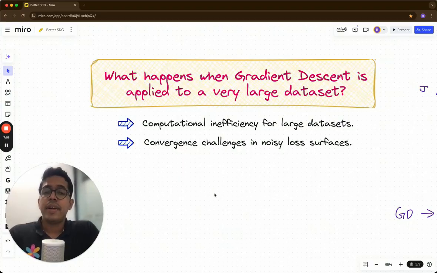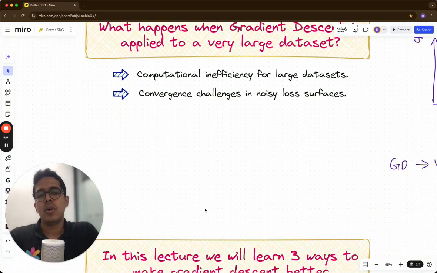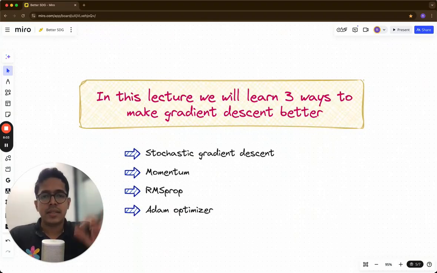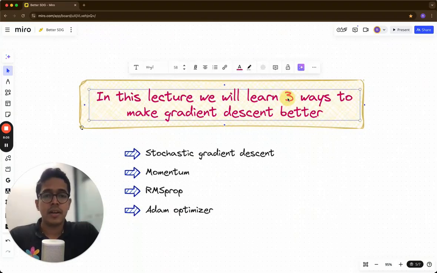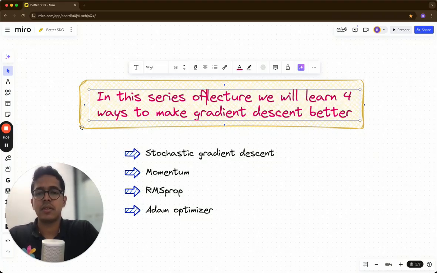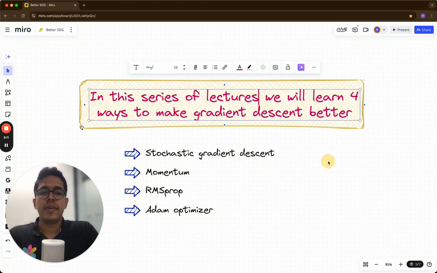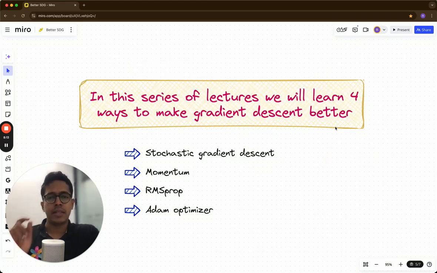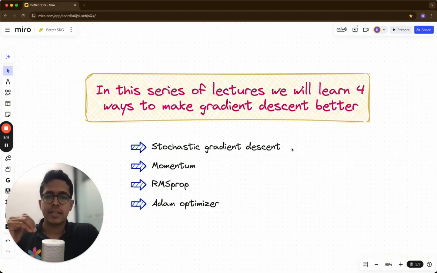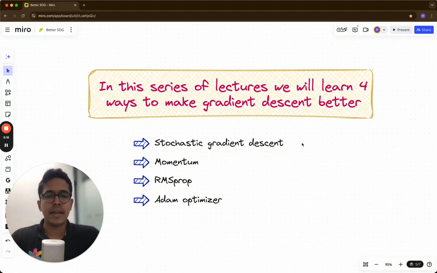There are a few ways in which we can make gradient descent better, and the whole idea in this series of lectures is to learn in detail what those different ways are. We will learn 4 ways to make gradient descent better. This lecture will focus just on stochastic gradient descent.